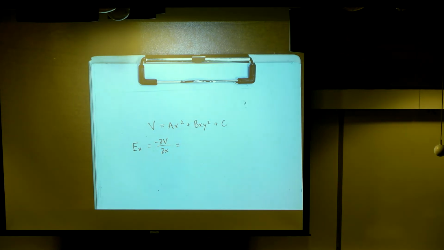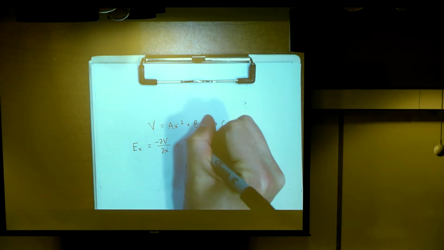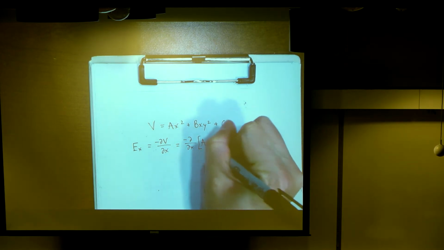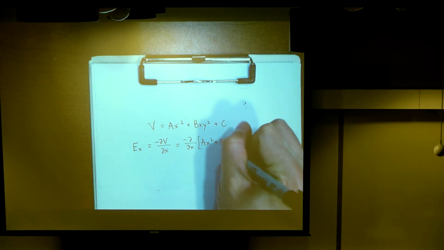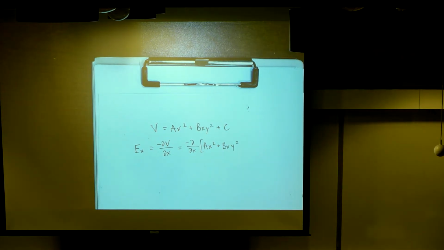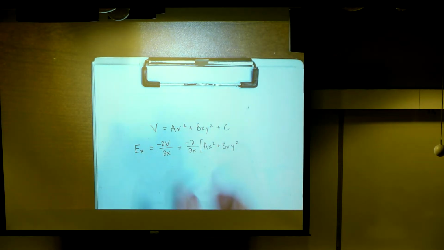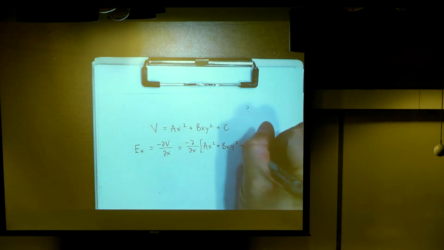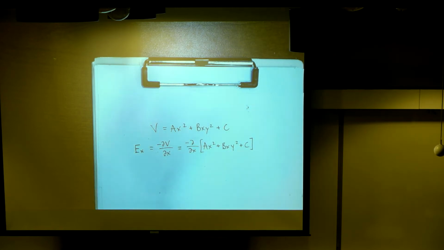That means I'm going to take this formula and plug it in here and calculate a derivative solely with respect to x. Again, that means y is treated as a constant and so is z. But actually z doesn't even appear in this formula, so don't worry about that. y is our constant here, okay?